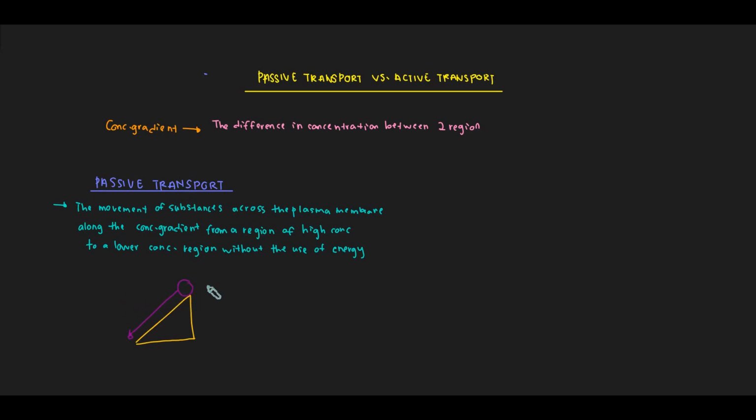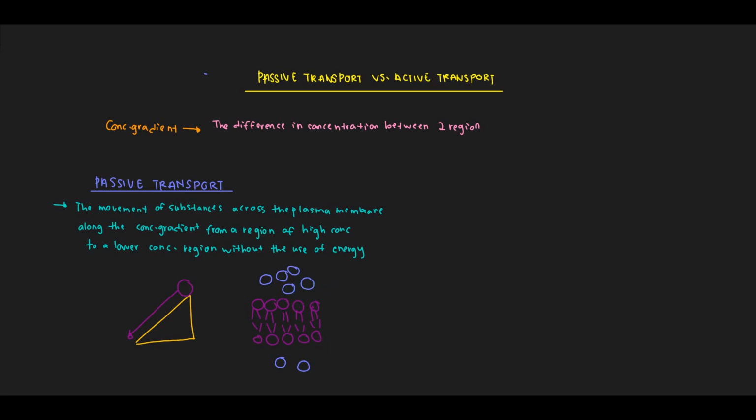for the transport to occur. Inside our plasma membrane, so I'll just draw our plasma membrane, let's say over here we have water molecules passing, or we have oxygen molecules over here. Here we have a high concentration of oxygen gas, and here we have a low concentration of oxygen gas. We know that there is a concentration gradient, meaning that there is a difference in the concentration of oxygen gas.